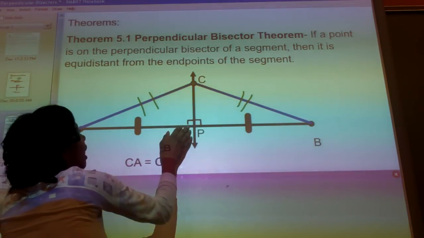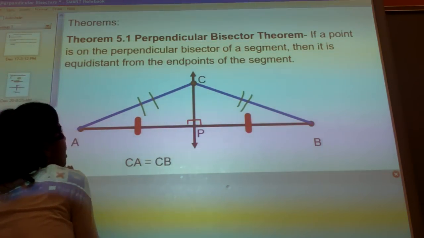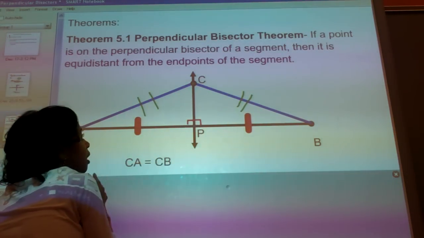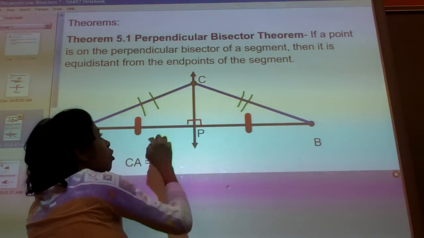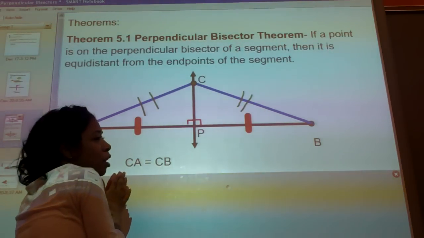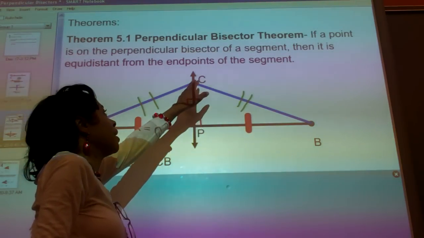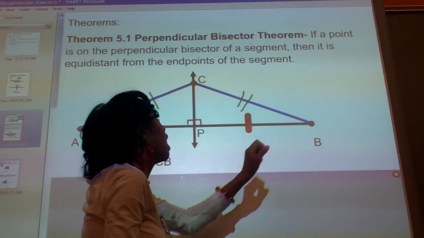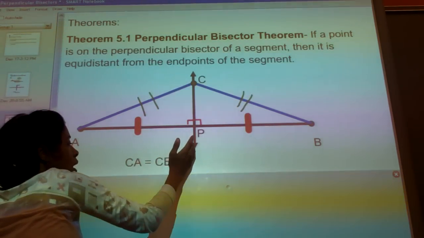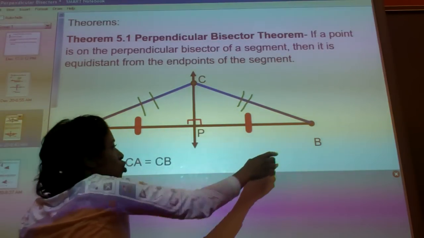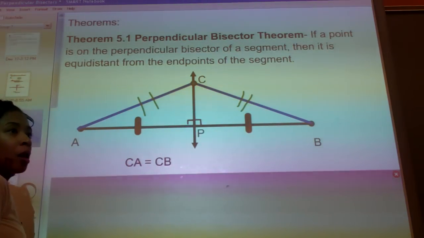Because this is the case, for point C on the perpendicular bisector CP, any segment I draw from point C to the endpoints will be congruent. So if I draw a segment from C to A and then C to B, because CP is a perpendicular bisector, that means that AC is congruent to BC.